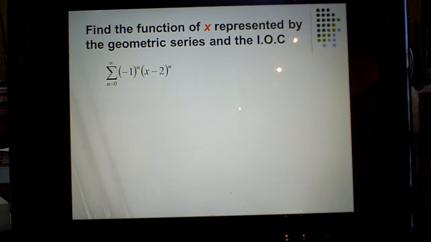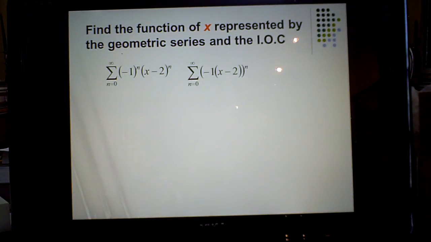So I wanted to do this one with you because it's a little weird with the alternating term, right? Algebraically it can cause you some confusion. So I'm going to write it this way and think of my r. And the reason I do this, I hope this becomes clear in a little bit.